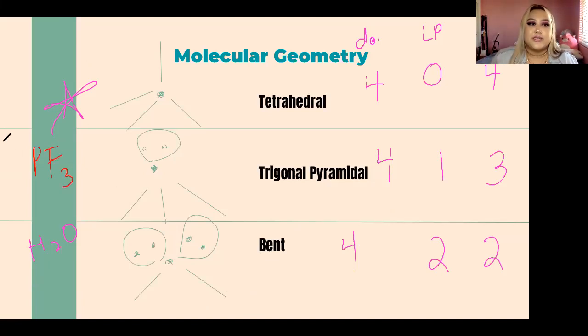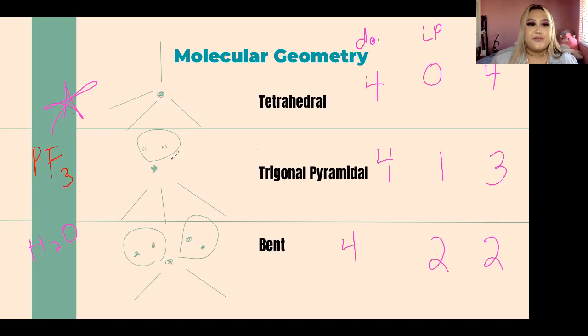So what is PF3? Ionic or covalent? Is it covalent? Yeah, covalent. Typically Lewis structures are only for covalent. I'm pretty sure ionics don't, I don't think ionic is for Lewis structures.